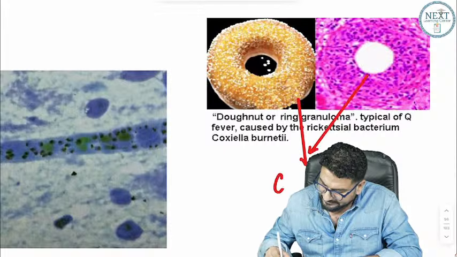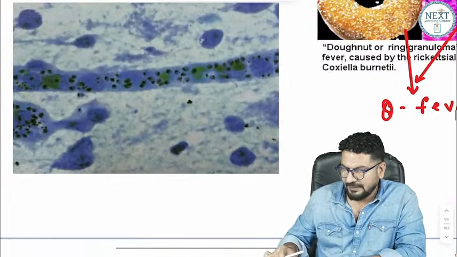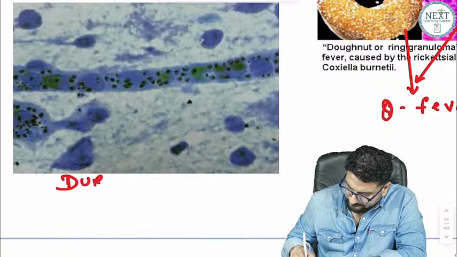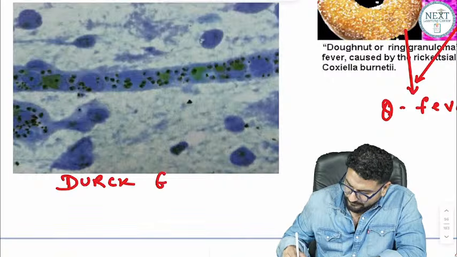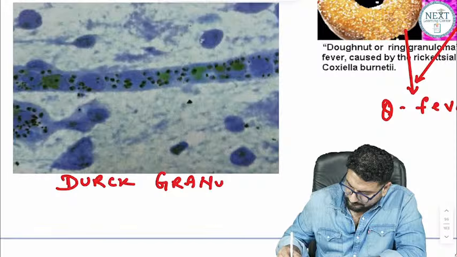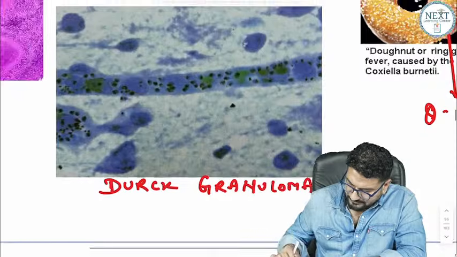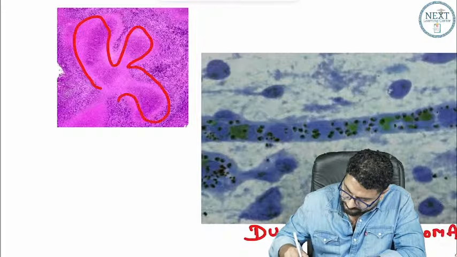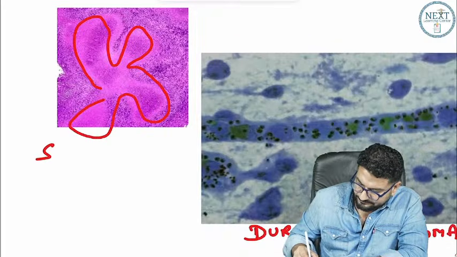Where we see donut, it is seen in Q fever. And this is like a granuloma you can see in the brain meninges. So we call this dark granuloma. Then you can see this is your stellate-shaped granuloma.